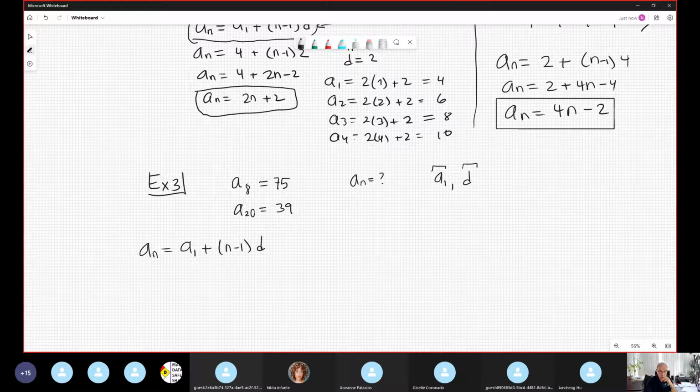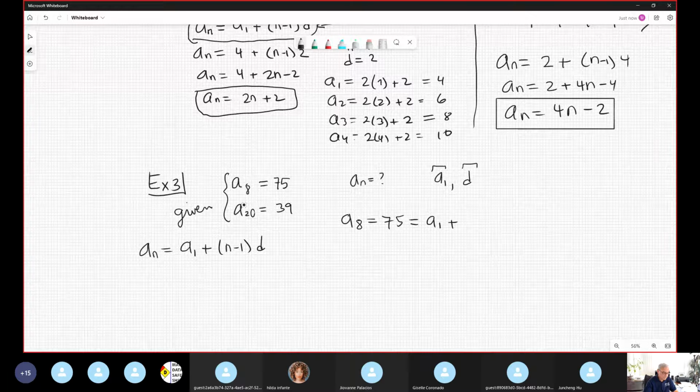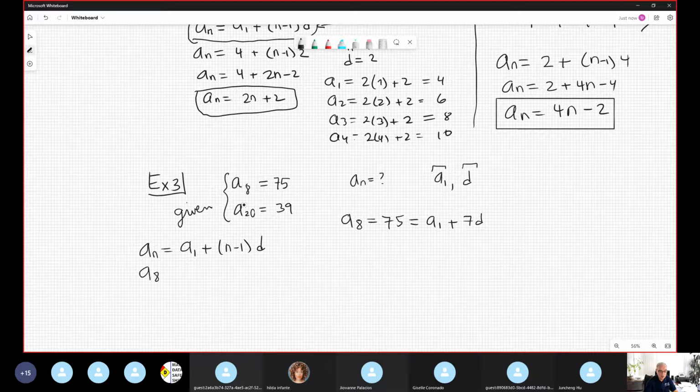Suppose that a sub 8 is given in the problem: 75 is equal to a1, which I don't know, plus 8 minus 1, which is 7, times d. Do you follow me, guys?